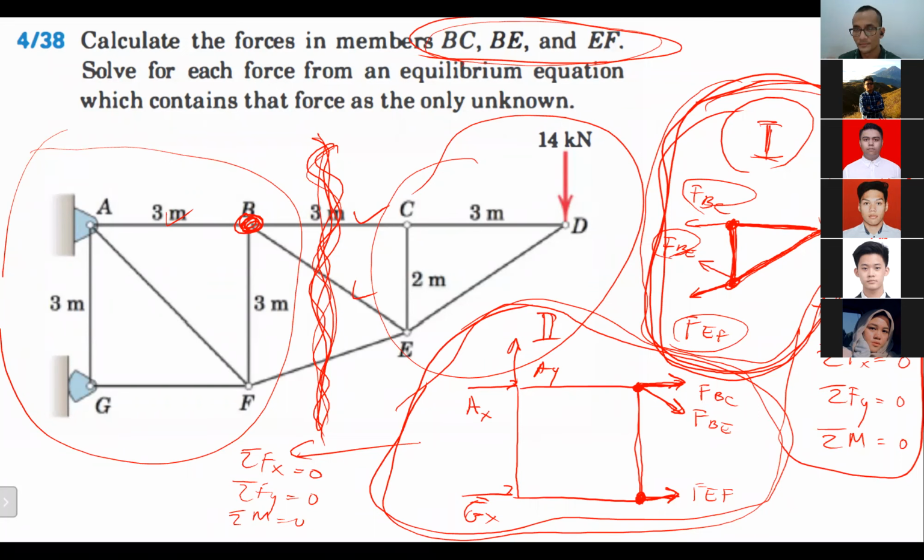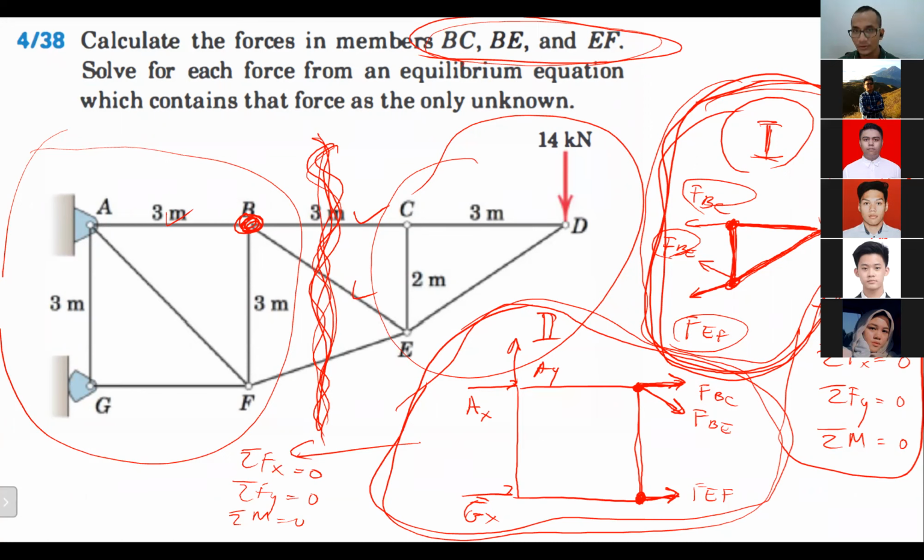So is this based on your assumption, the first step, or the second step, the calculation? Let's say I assume the direction will be to the left, and after calculating, the value is positive. Then if we look at joint C only, will FBC also go to the left?